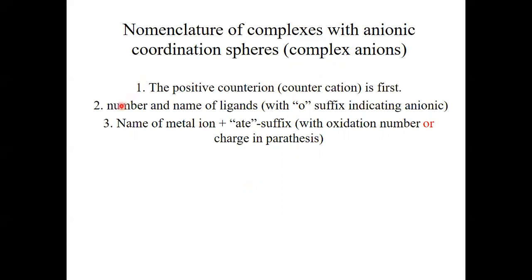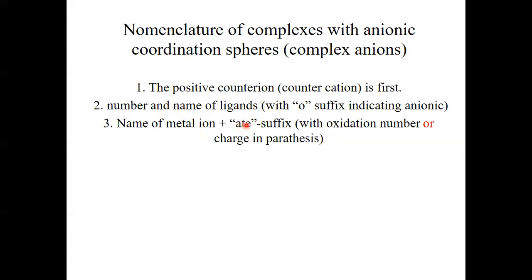So in the second step, we number and name the ligands, and we add a suffix o to the ligand, indicating that our ligand is anionic. Our ligand must be anionic, otherwise we would not arrive at a complex anion, given that our metal ion is positive.